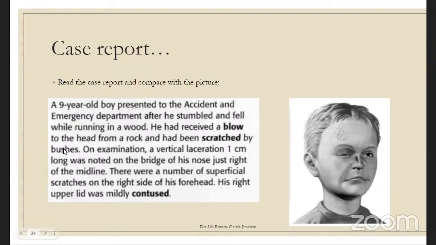On examination, a vertical laceration 1 centimeter long was noted on the bridge of his nose, just right of the midline. There were a number of superficial scratches on the right side of his forehead. His right upper lid was mildly contused.